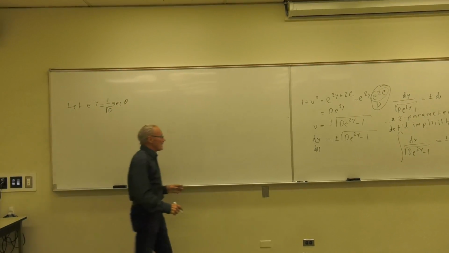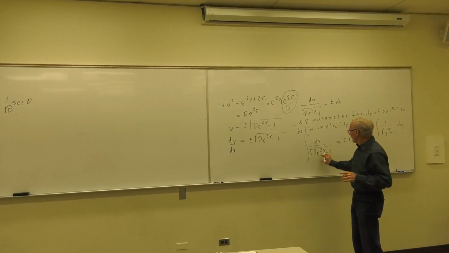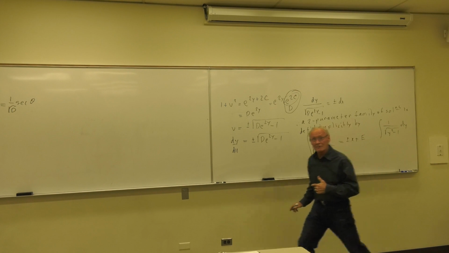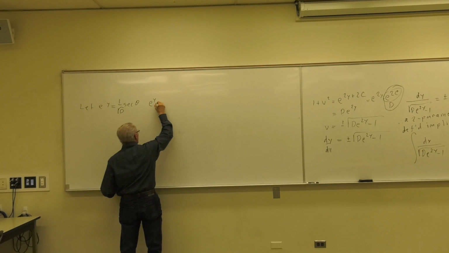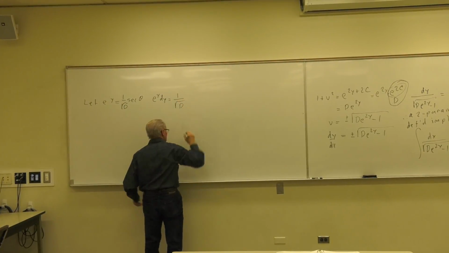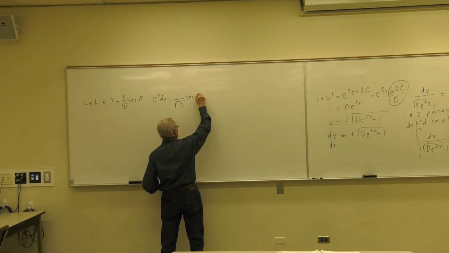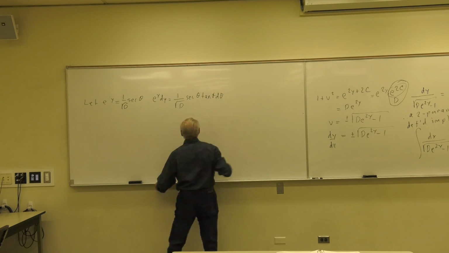Is that going to do it? Pick that out, square it, to get e to the 2y, and then multiply by d. That looks right. All right. So we do that, then e to the y dy is equal to 1 over the square root of d, sec theta tan theta d theta.